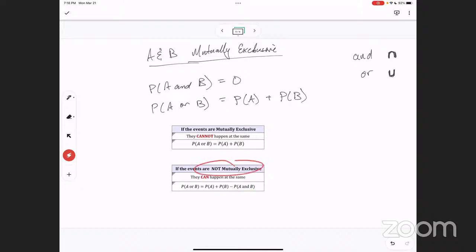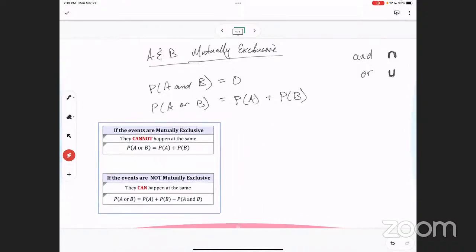But if they're not mutually exclusive, then you have to subtract out their intersection. So the probability of either of them happening is the probability of the one plus the probability of the other, but then subtract out their intersection because you counted it twice. Does that make sense? So do you have a problem we can do?